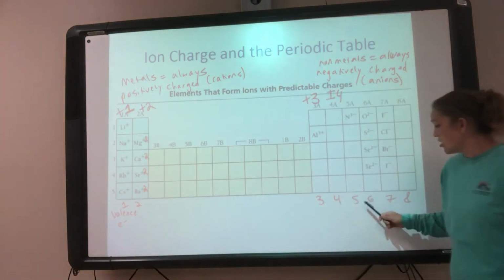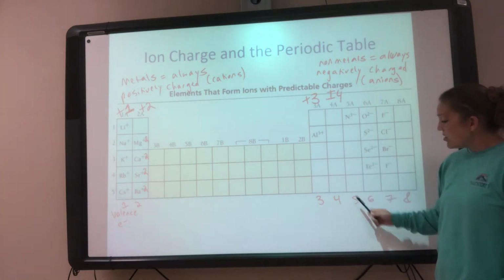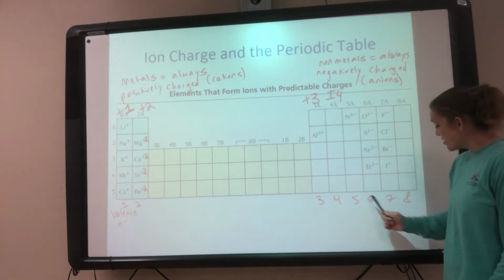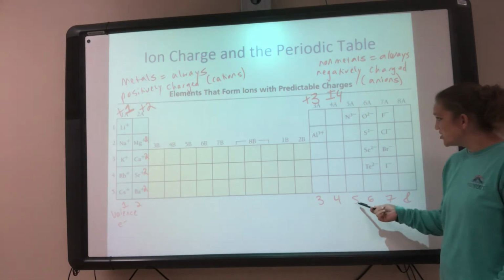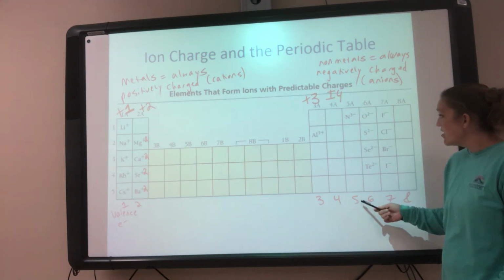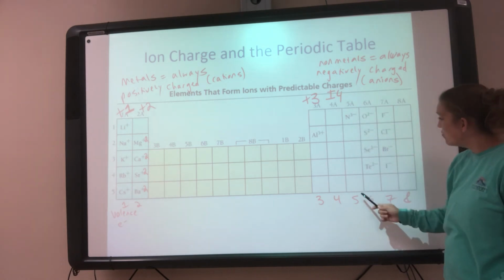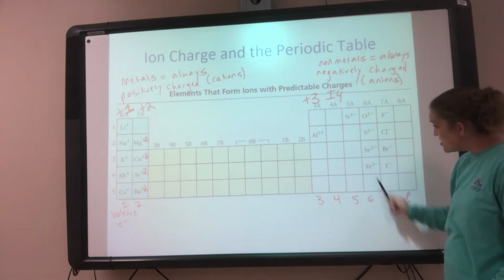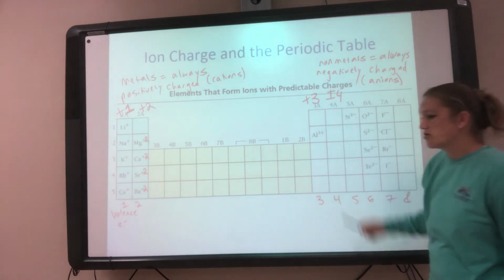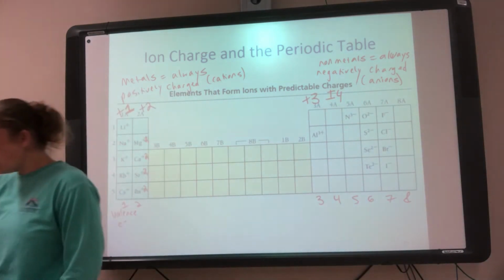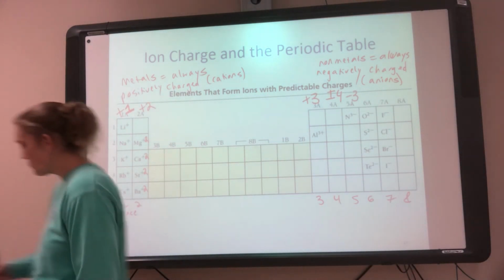So now I'm here. In this column, I'm either going to lose 5 or gain 3. Much easier to gain 3 than to lose 5. And we're talking about nonmetals. So my nonmetals here would rather gain 3 and become negatively charged. So these guys are going to be a -3.